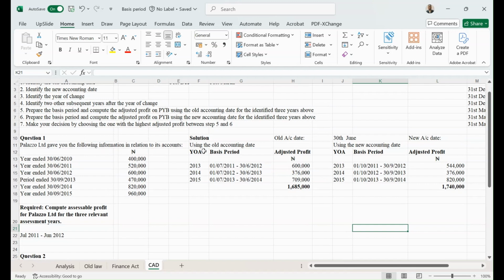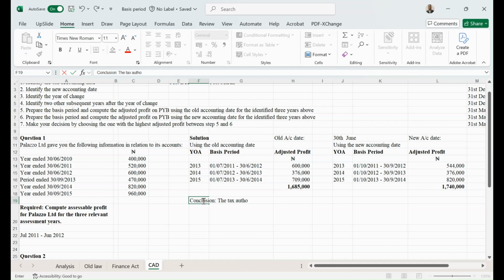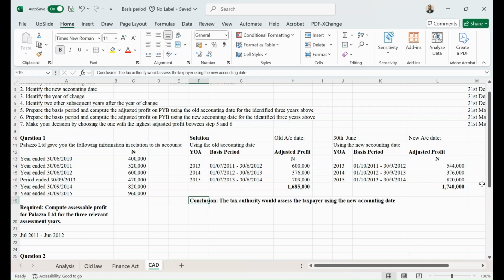So the next step is to make your decision. Your conclusion is going to be that the tax authority would assess the taxpayer using the new accounting date, because it gives a higher tax liability, a higher adjusted profit.